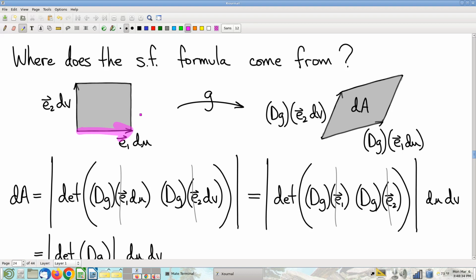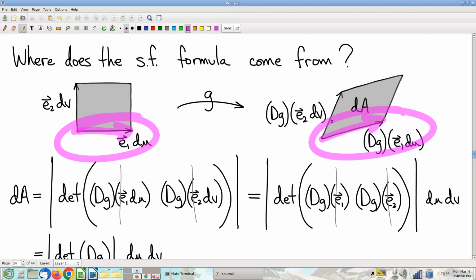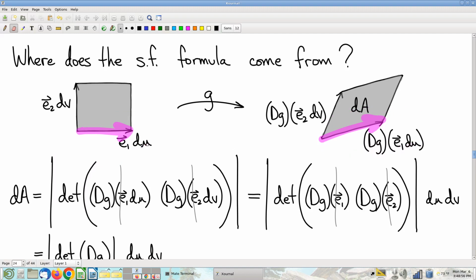And then there's this corresponding edge over here on the right. Also, I'm going to view it as a vector, viewing it as then the change as I move along that edge of the parallelogram. And so what I've got is an input change and an output change. And how do I relate input changes and output changes? The derivative matrix.